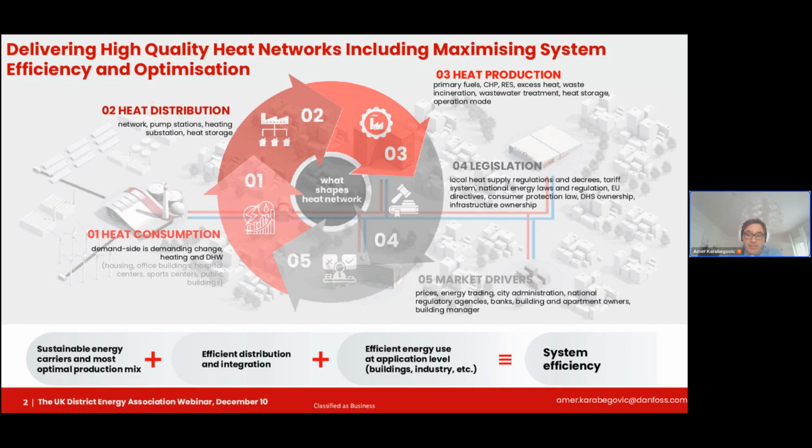Understanding the buildings enables us to simulate networks and minimize transmission loss, which in the last stage is the input for optimum energy source management, where we save primary fuel and achieve maximum energy efficiency. There are two additional areas, legislation and market drivers, and all 5 areas listed here affect the efficiency of the system, each in its own way.